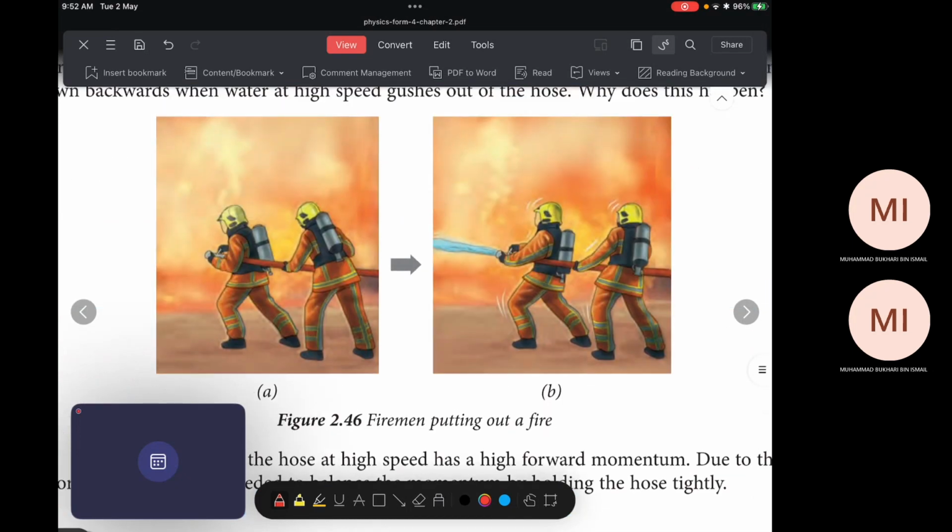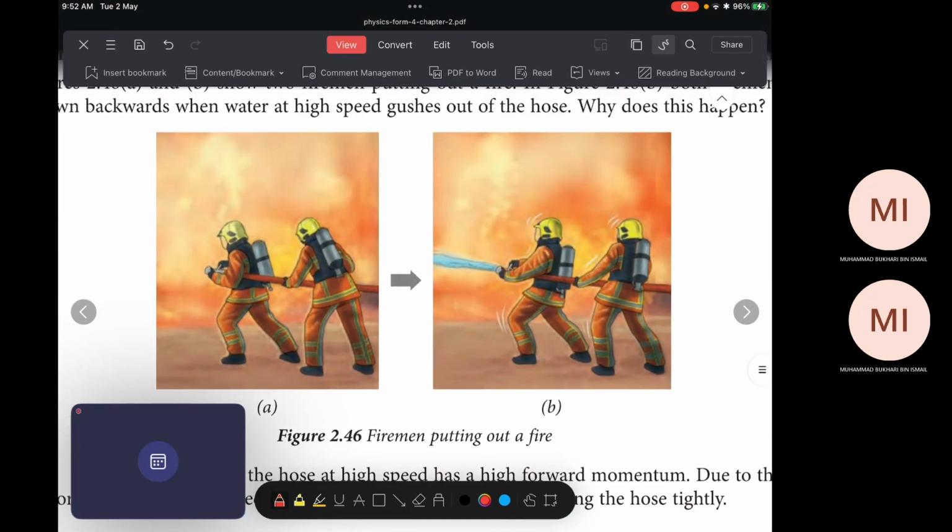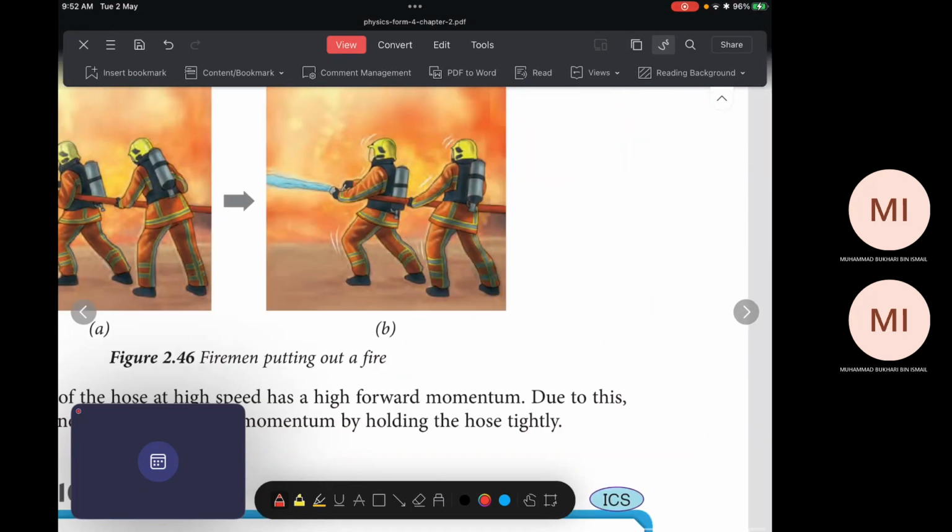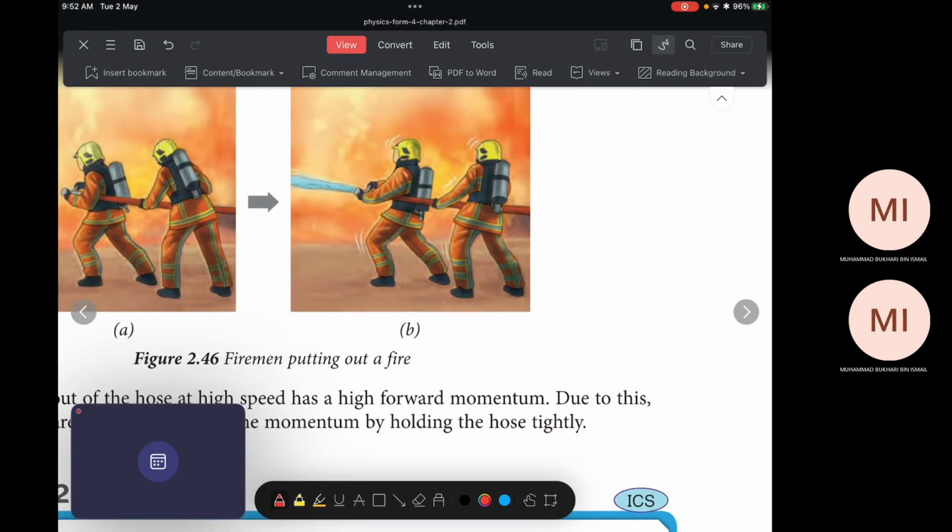Ini sebenarnya kes apa ni? Ini sama macam explosion lah. Explosion ni macam mana? Pernah tengok explosion tak? Katakan awak ada bom ini, bom explosion. Dia pergi dalam semua arah kan? Betul tak? Jadi sama lah ni.